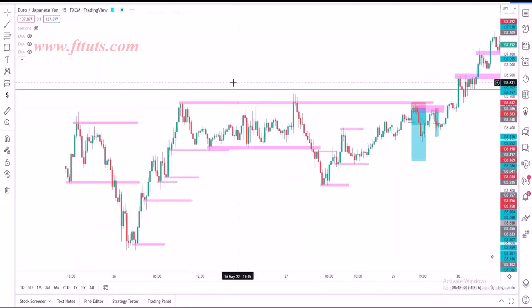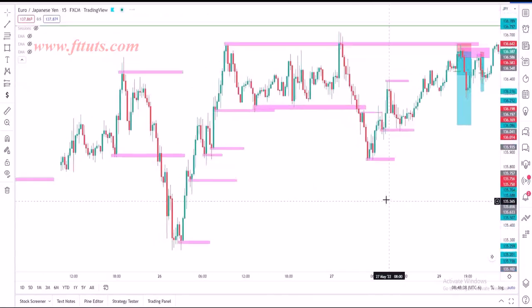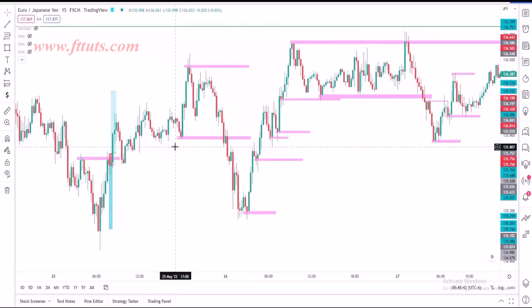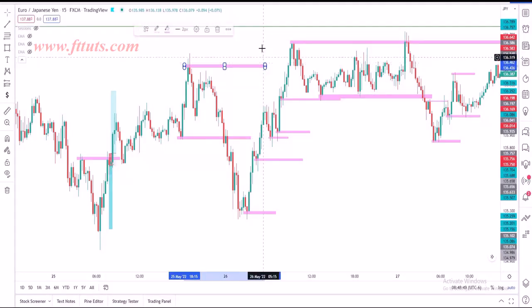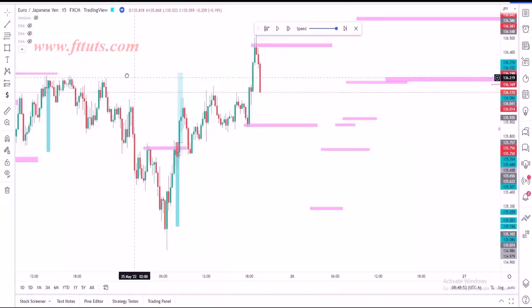So let's go a little bit further back for the key areas. Okay, so right here, you can map out this area. Let's actually do it on the replay because it'll make a little bit more sense.